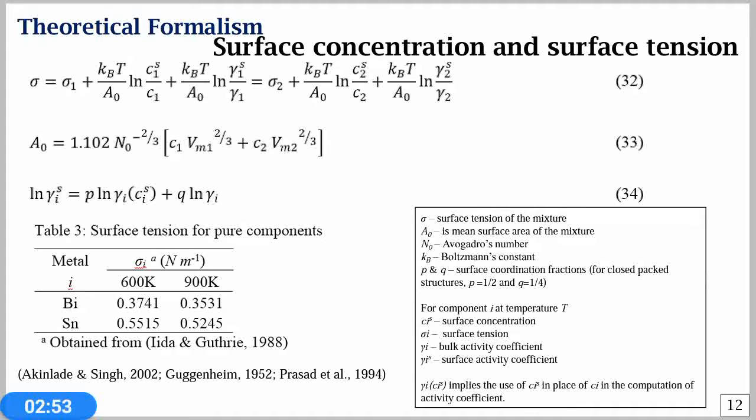Sigma is the surface tension of the bismuth tin mixture, while sigma 1 and sigma 2 are the surface tensions of pure bismuth and pure tin respectively. The surface tension for pure bismuth and pure tin is given at 600 and 900 Kelvin in table 3. That's this table.